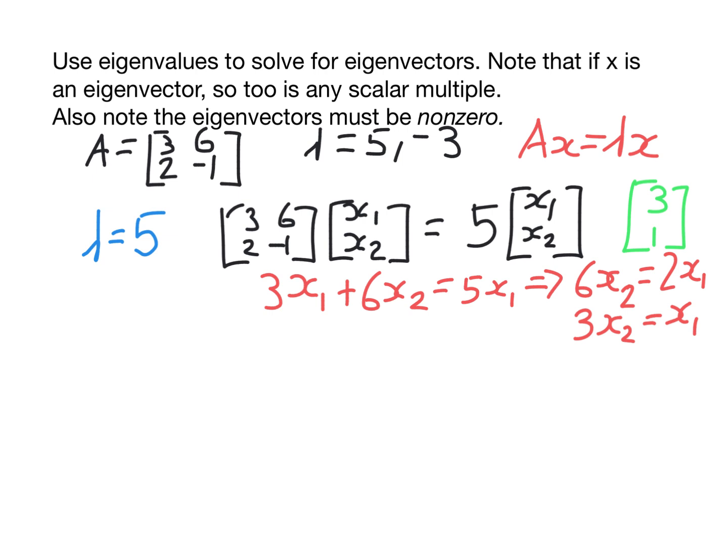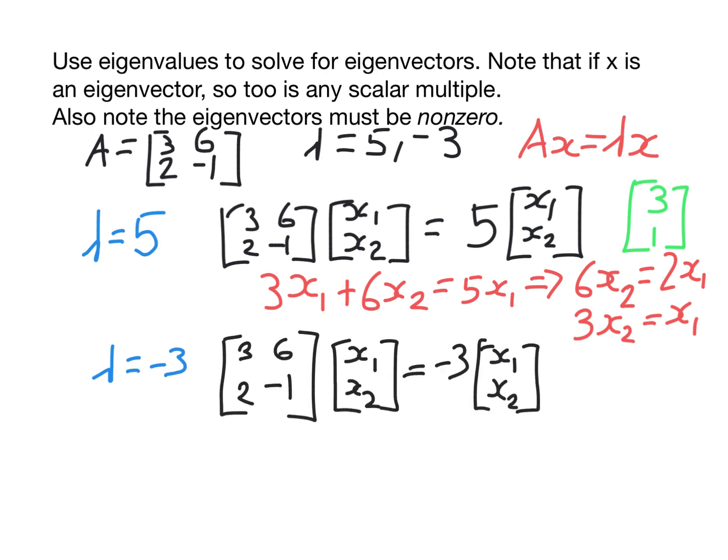All right, let's now look at the eigenvector associated with the eigenvalue negative 3. So again, we will multiply first row by first column. We get 3x1 plus 6x2 is equal to negative 3x1. So row 1 by column 1 gives the entry in row 1, column 1.